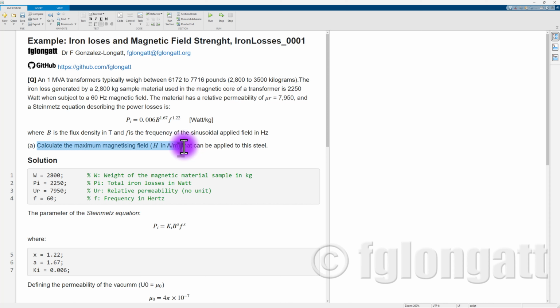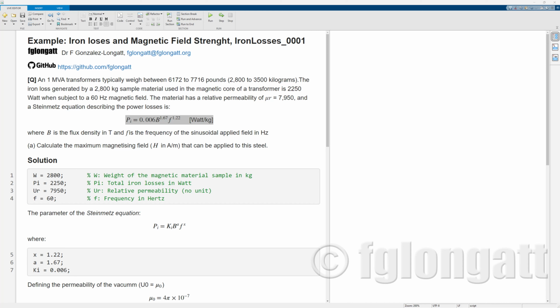And the connection between B and H is the absolute permeability of the material. So what I'm trying to tell you is that we need to use this statement equation to obtain B, and then with B and using the absolute permeability, we can obtain the magnetic field strength.